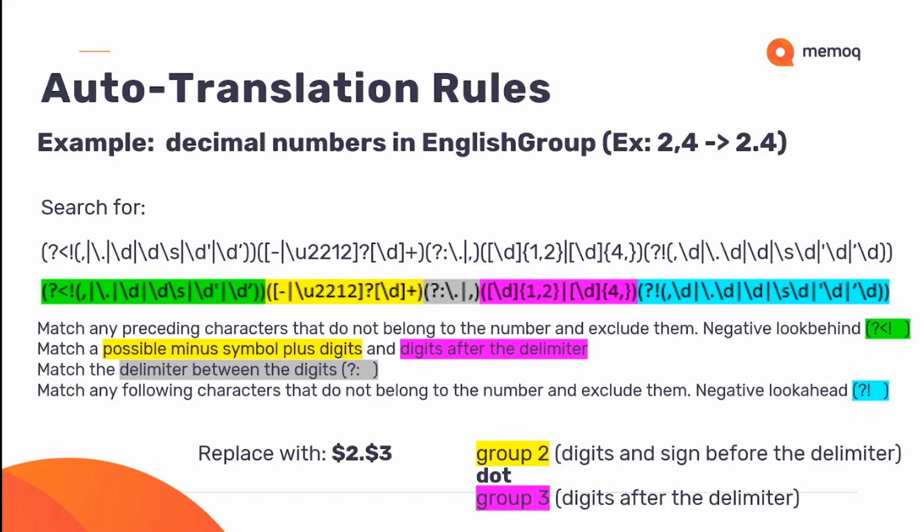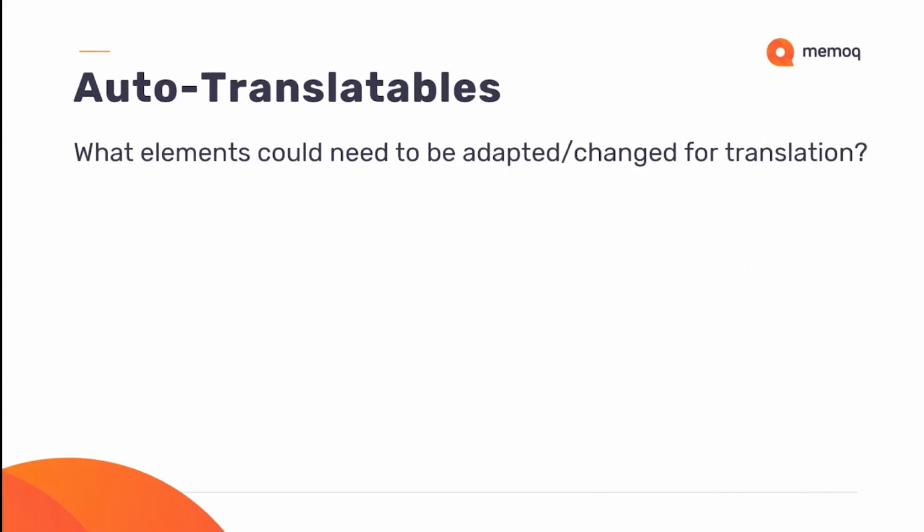The gray one in between is also in round brackets, but it doesn't count as a group because it has this question mark in front of it, which means don't remember this. This is not a group that we want to reuse. So we can be very happy that memoQ already did all that work. Now, what can we do with auto-translatables?